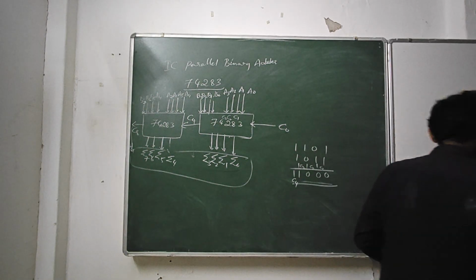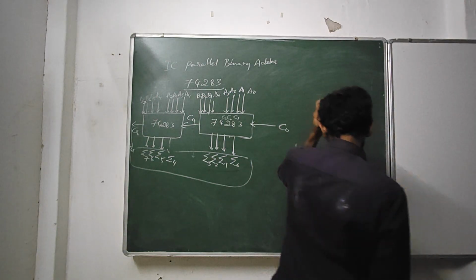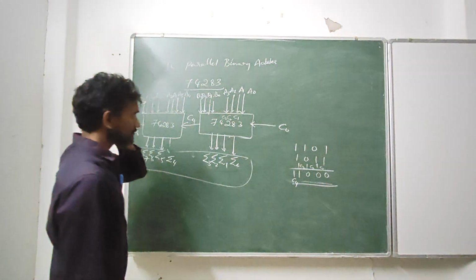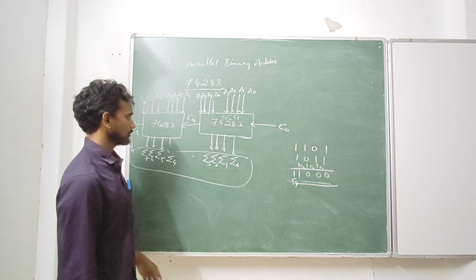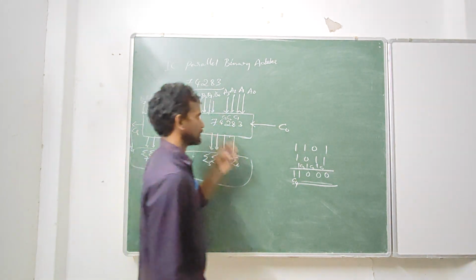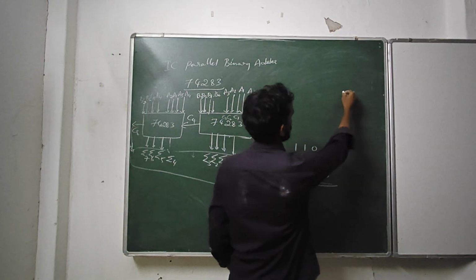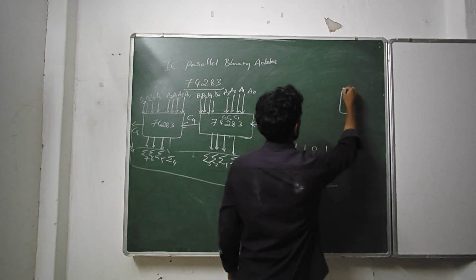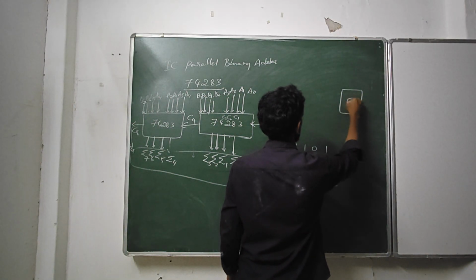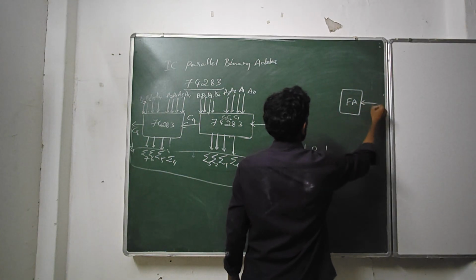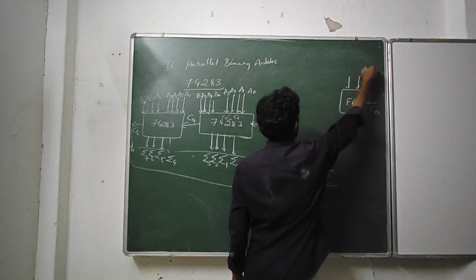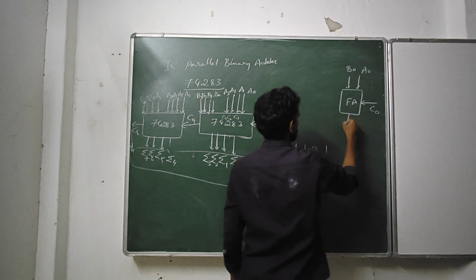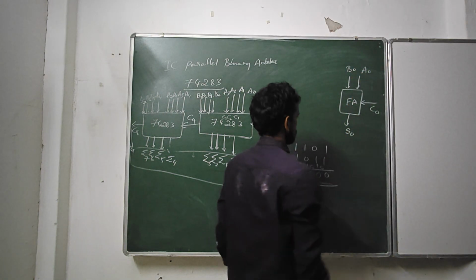Okay. So if you are exclusively asked to draw a parallel binary adder circuit, you can give a detailed description of this. Something like using full adders. Let's say full adder. This will have a carry input and 2 input bits A0 and B0. The result is sum 0.